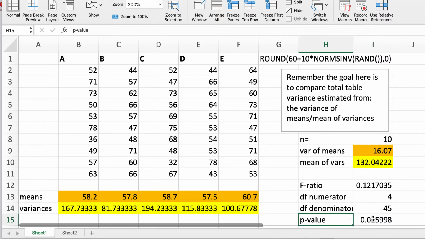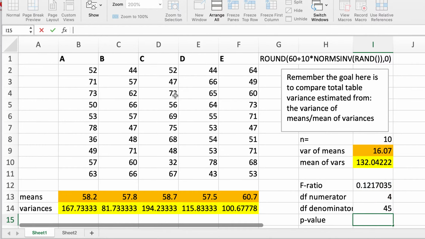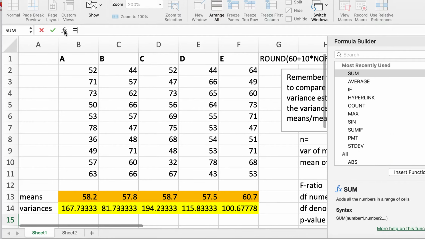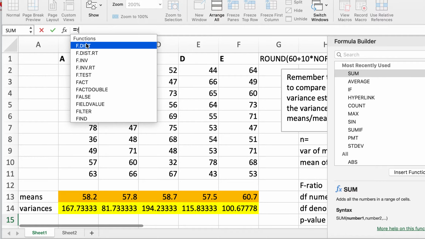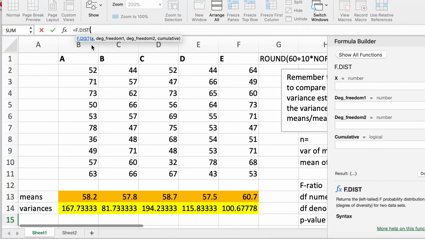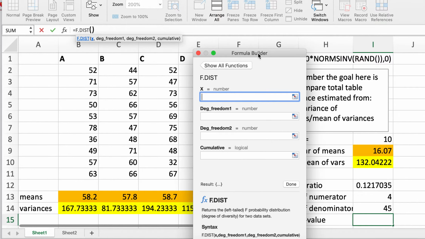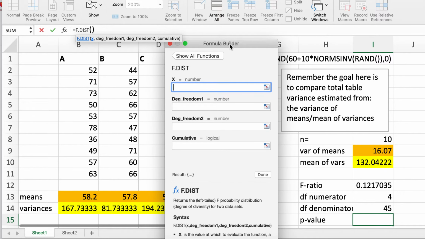To find the p-value, we need to put in a number. I'm going to delete what I have in there so I can show you how I find it. I go into that cell, push the f of x button to look for a formula, and type in f, and up comes fdist. Fdist asks for a few things. It wants the number, that's the F ratio I'm interested in.